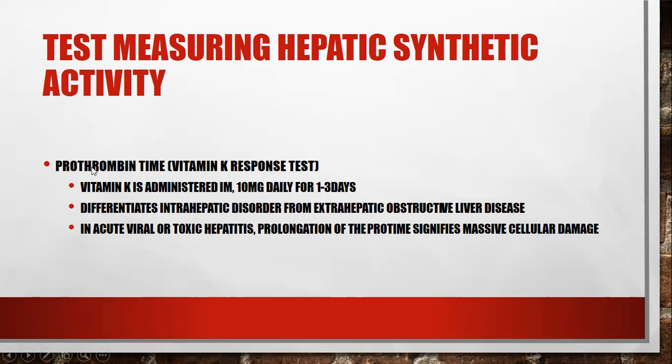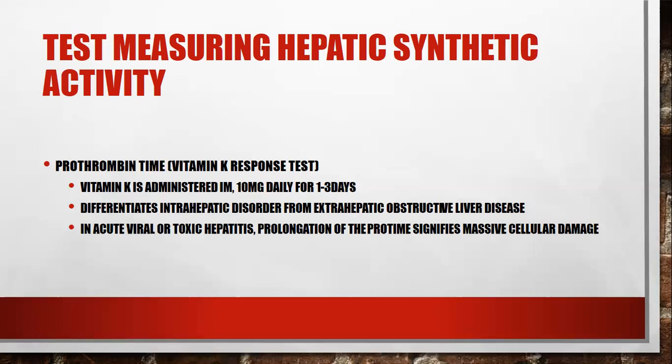Prothrombin time is used to measure the different vitamin K dependent coagulation factors. I've mentioned already that these coagulation factors are synthesized in the liver, and during synthesis they need a cofactor, your vitamin K. In the absence of vitamin K, these vitamin K dependent factors are usually not synthesized.